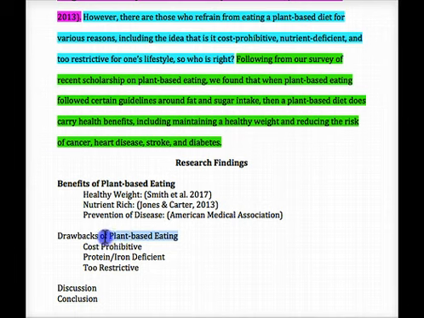And then you're also going to have maybe another section where you talk about the counter arguments. So what are some drawbacks to this topic that you found also addressed in your research? So it was cost prohibitive, protein or iron deficient, too restrictive. You can present these arguments, and you can also counter these arguments within this section.